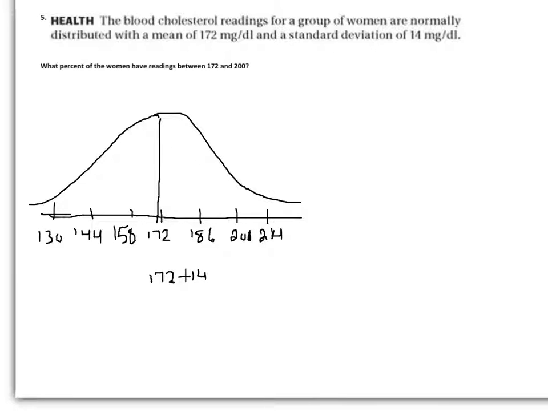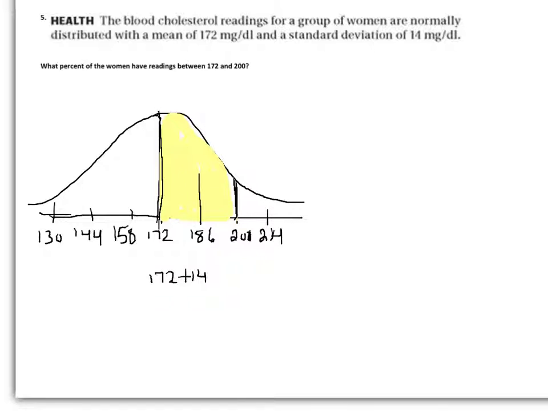So there's our bell curve. And it says between 172 and 200. We're looking at the probability we're in that area. But that covers two standard deviations.